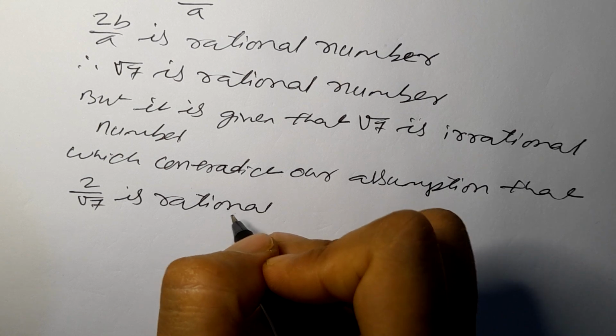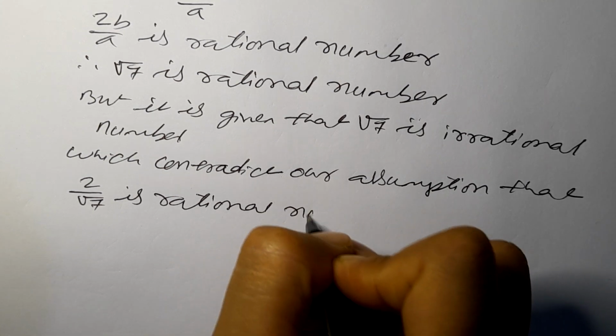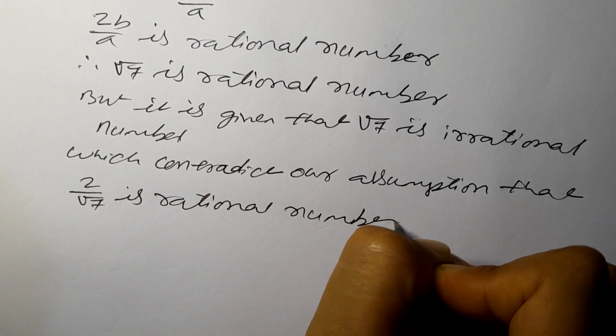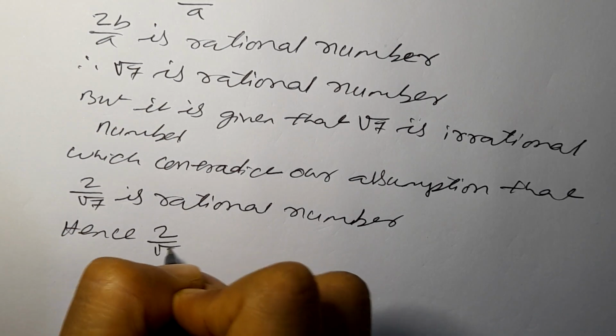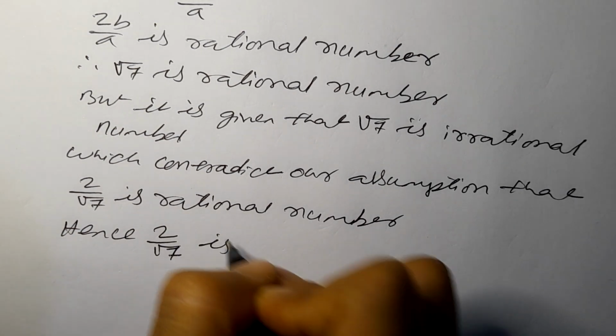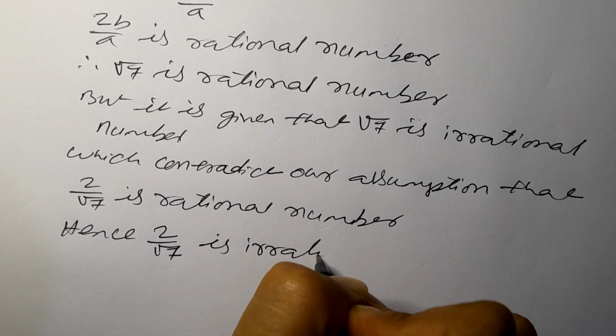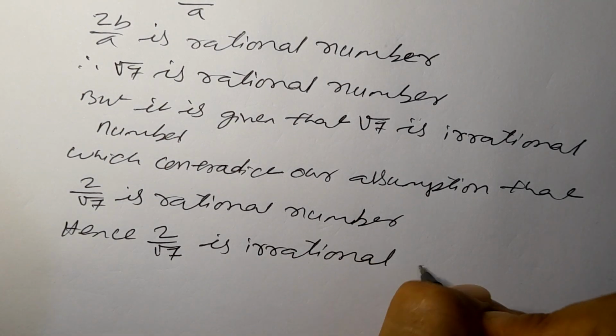Contradiction means that it is false. Hence 2 divided by root 7 is an irrational number.